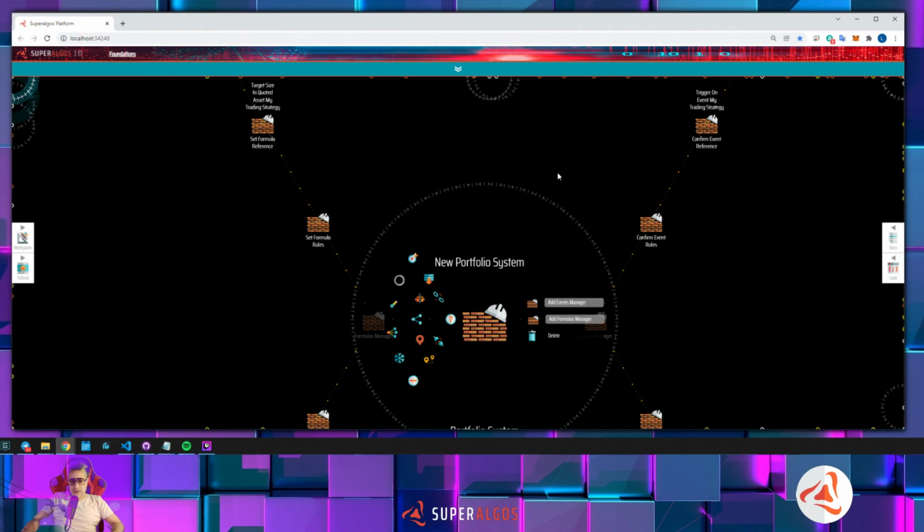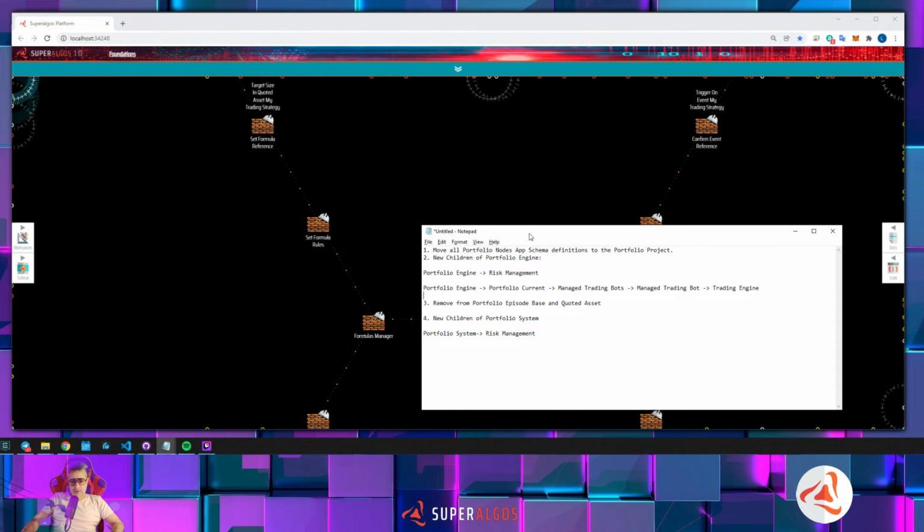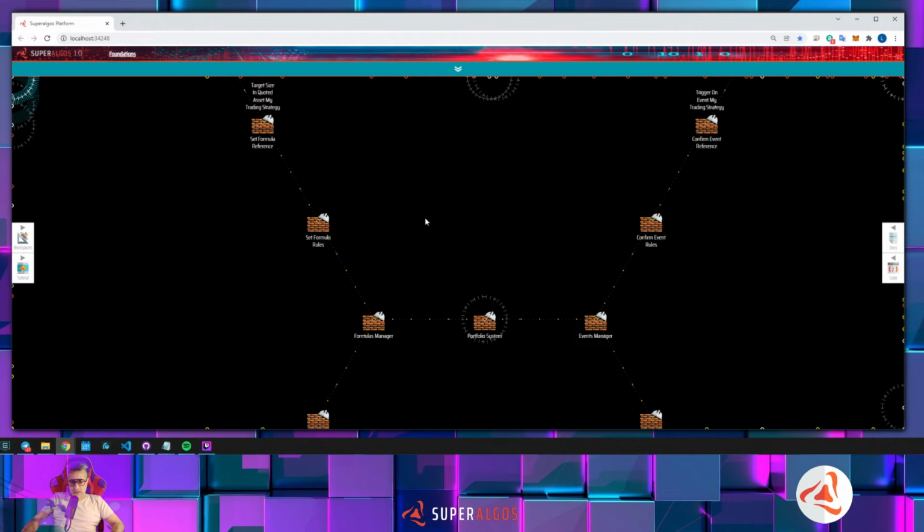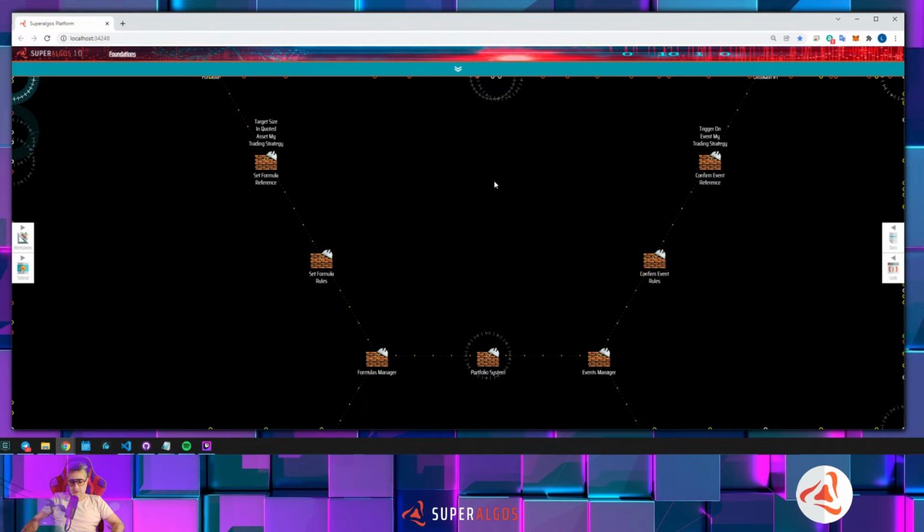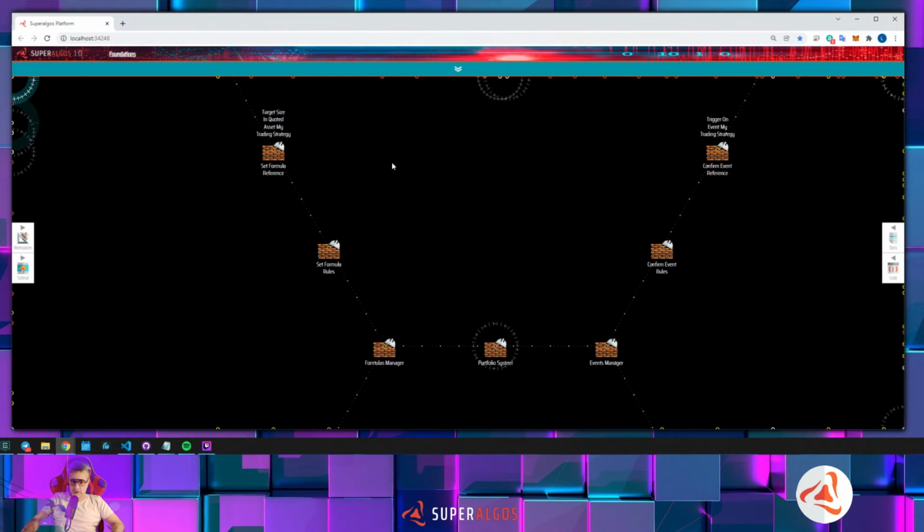So there will be a child of portfolio system, risk management, and we will discuss later what is going to be inside, but for sure there will be formulas, conditions, and whatever, so that the user can do their risk management analysis.